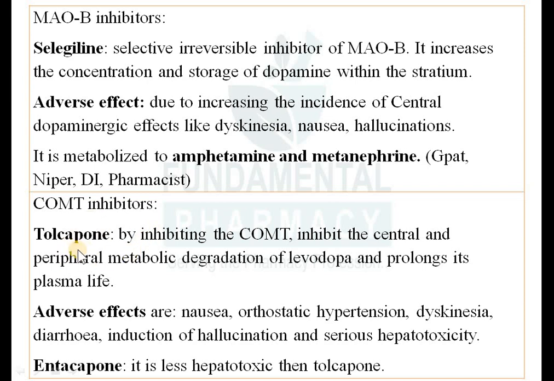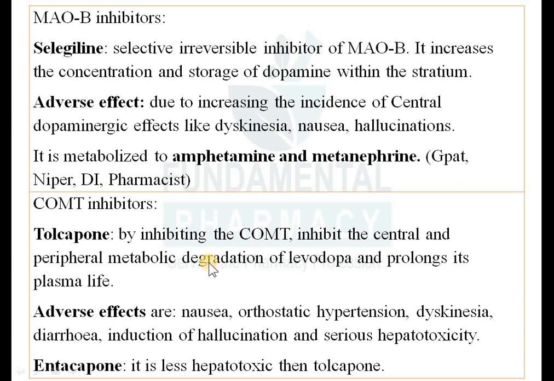Okay, so what are the different inhibitors? Tolcapone, it will inhibit the COMT, central and peripheral metabolic degradation. Now this COMT is also present in the periphery. Okay, so tolcapone will inhibit the COMT centrally as well as peripherally. मतलब जो ब्रेन में भी COMT है उसको भी इनहिबिट करेगा, जो पेरीफेरी में भी COMT एंजाइम है उसको भी इनहिबिट करेगा.